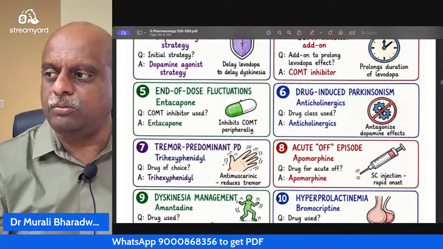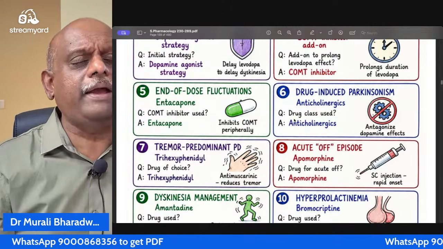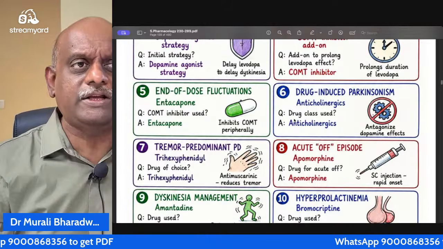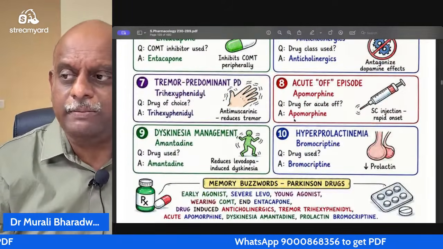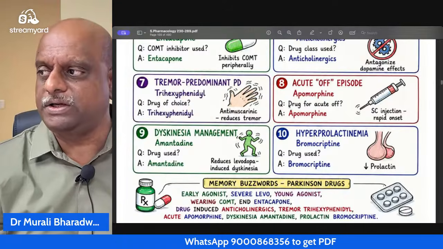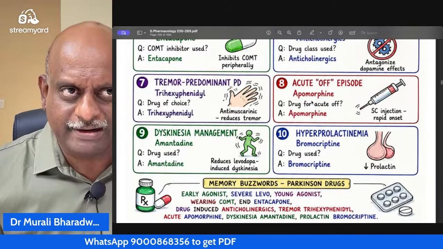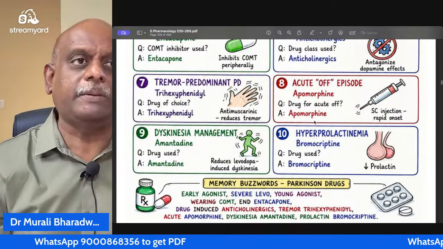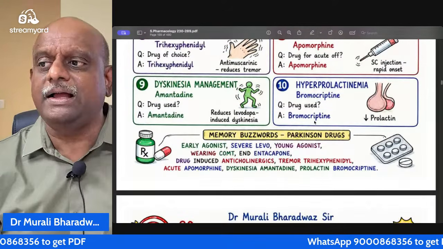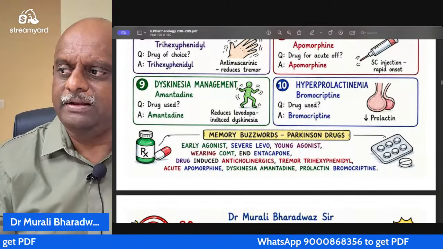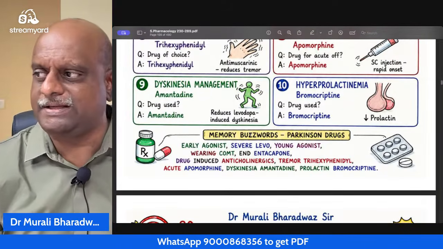It inhibits the COMT peripherally. Drug-induced Parkinsonism, it is the excess cholinergic activity mainly responsible, so anticholinergics. Whenever tremor is predominant, anticholinergic. Then acute off episode is there. Then apomorphine, subcutaneous injection, rapid onset.